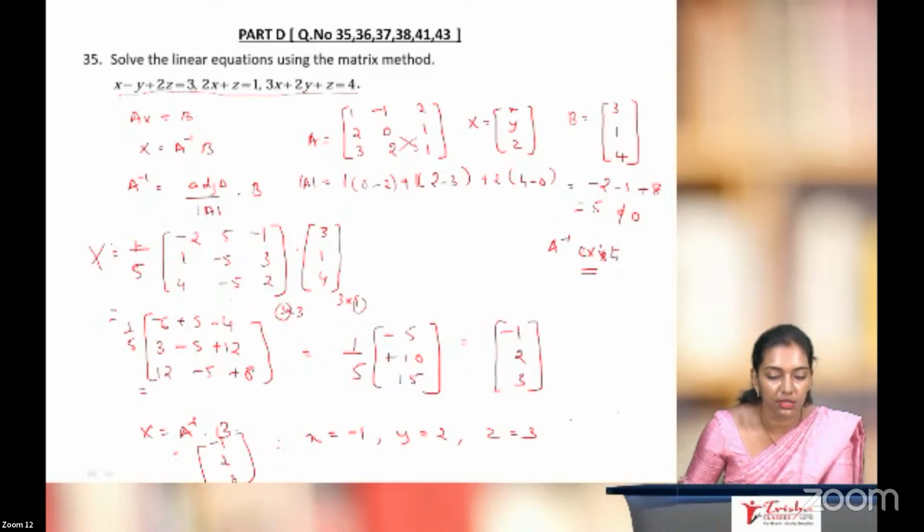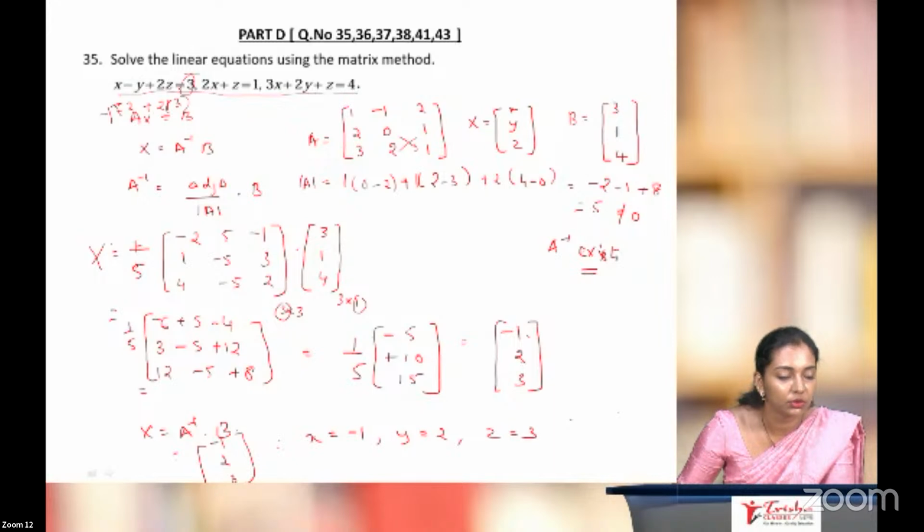Just consider minus 1, 2, and 3. Put it here: minus 1 plus 2, so minus 1 plus 2 plus 1, and plus 2 into 3, 6 you get. So minus 1, minus 2, minus 3, minus 3 plus 6, so plus 3.